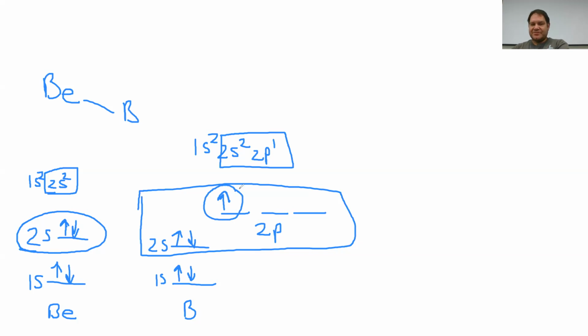So this electron is much easier to remove than the ones from the 2s, hence the drop in energy. We have no electron in the 2p for beryllium. And since beryllium's 2s sublevel is lower in energy, or has a stronger pull to the nucleus than the 2p, its electron is harder to remove.